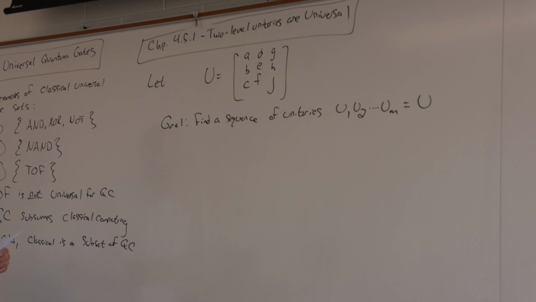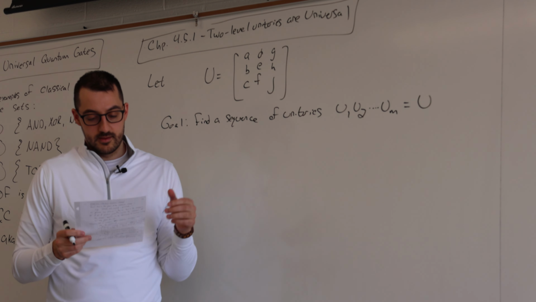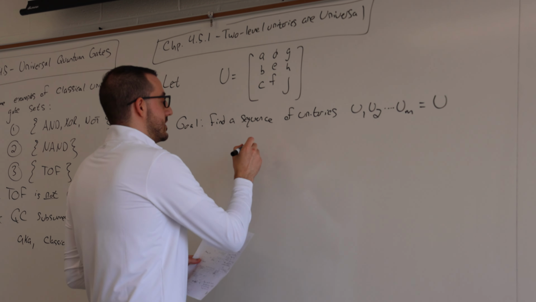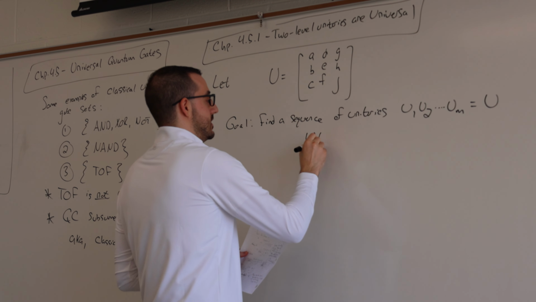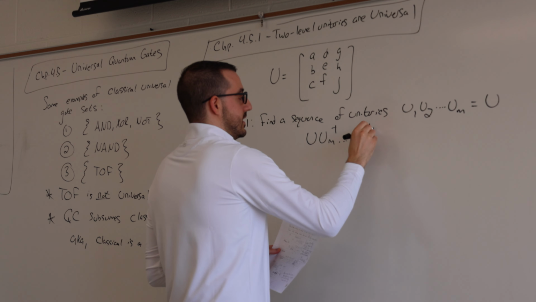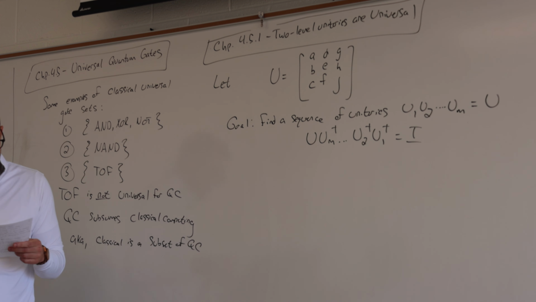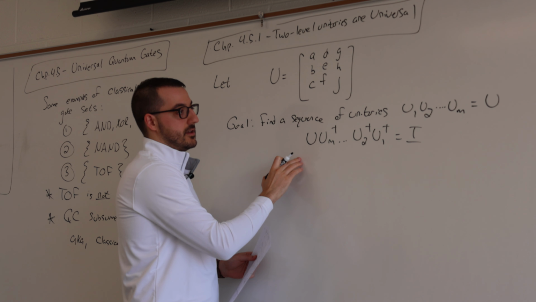A nice way to rephrase this, which is very simple, but helps you get some traction on how to actually do this, is to rewrite this as U, and then multiply it by the inverses. So it'll be U, M dagger, and so on, U2 dagger, U1 dagger, is equal to what? The identity.